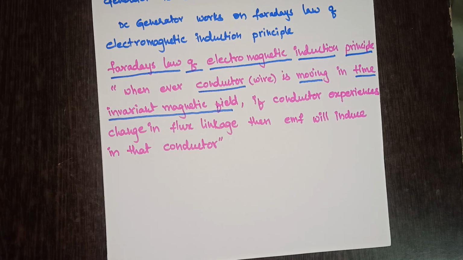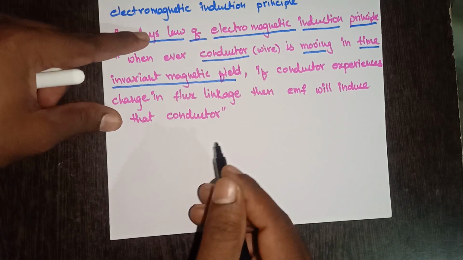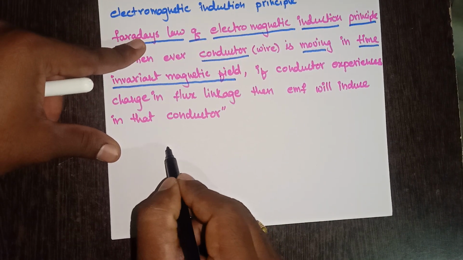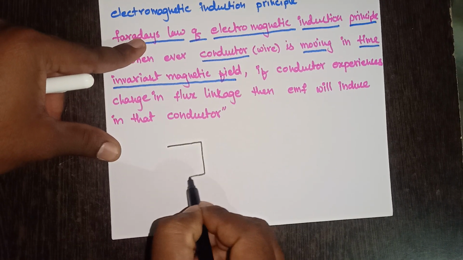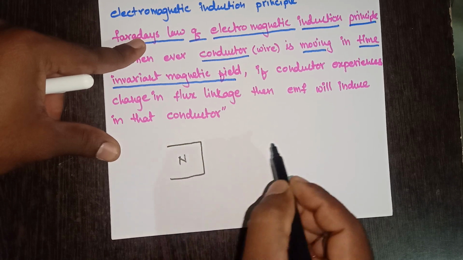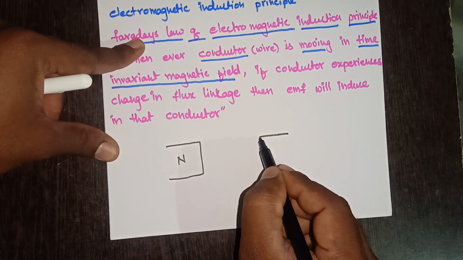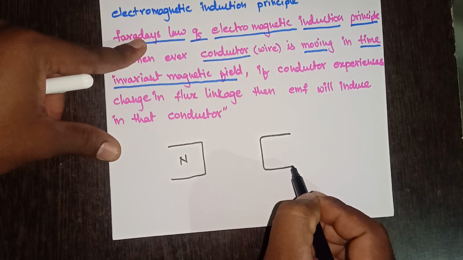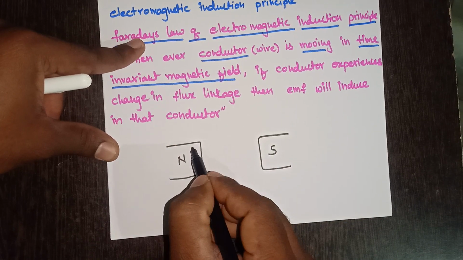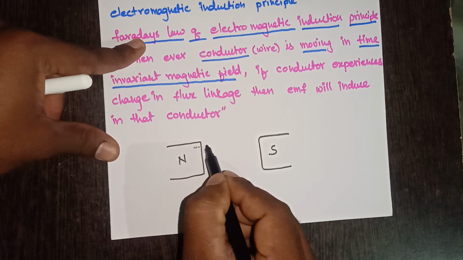Let me take a magnetic system like this, with a north pole here and a south pole here. We know flux lines flow from north pole to south pole.